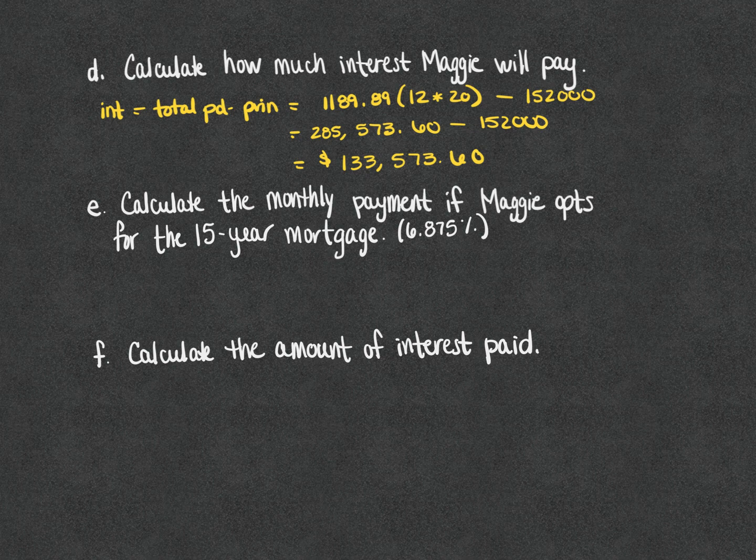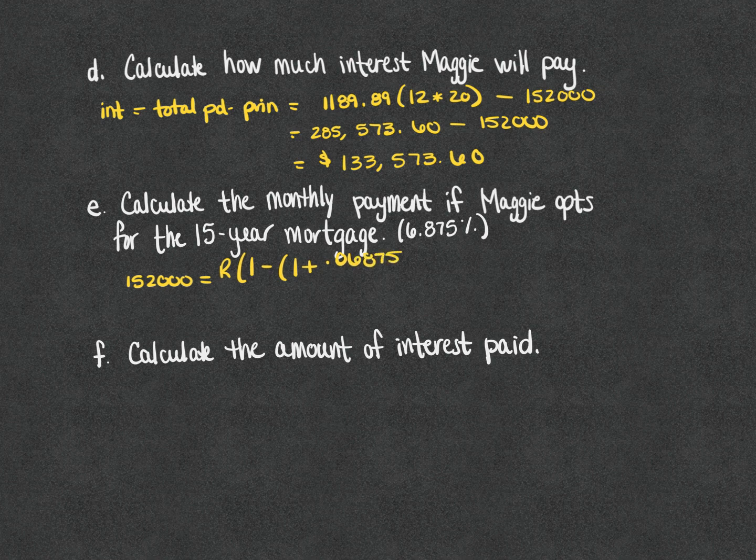Now, what if we switch this to the 15-year mortgage, which the interest rate for the 15-year mortgage was a little lower at 6.875% interest. So again, setting up the same problem, but just changing the interest rate and the length of time.